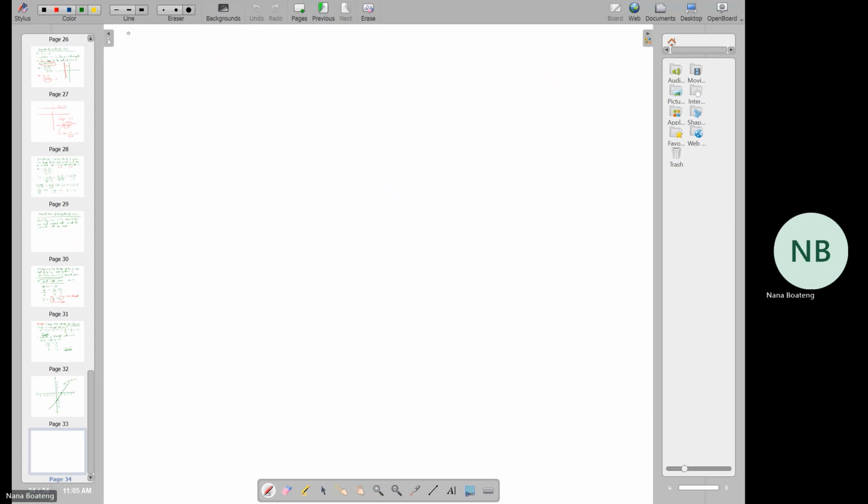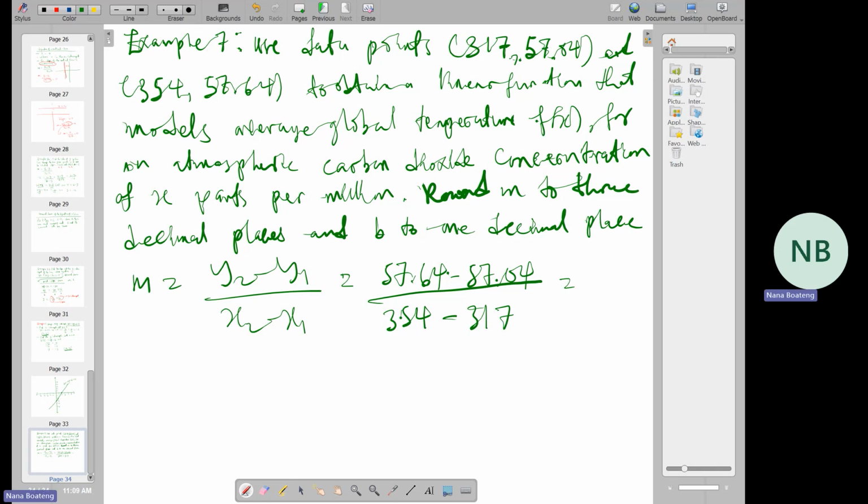So this is equal to 57.64 minus 57.04 divided by 354 minus 317, which is 0.6 divided by 37, and rounded to 3 decimal places, this is about 0.016.